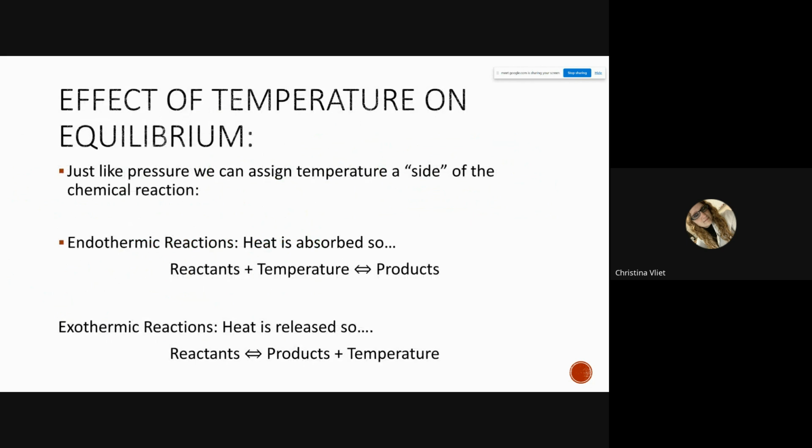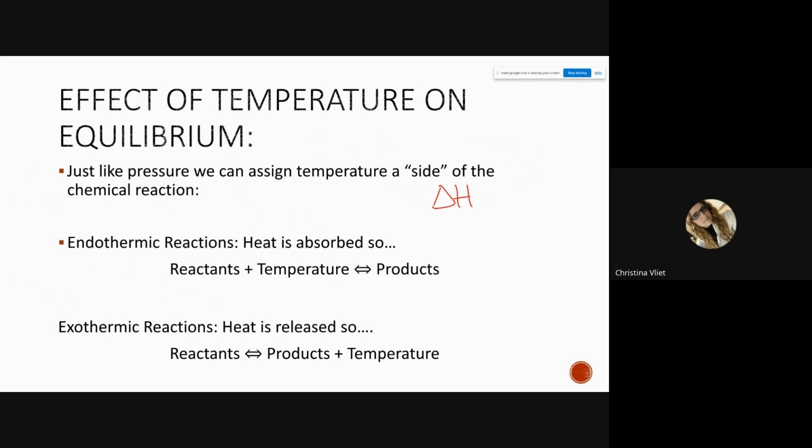So, last on Le Chatelier's principle is the effect of temperature. This is the most difficult one to remember, but I am sure you can do it. How temperature affects your reaction depends on whether the reaction is endothermic or exothermic. So you're going to have to look at delta H in the question.